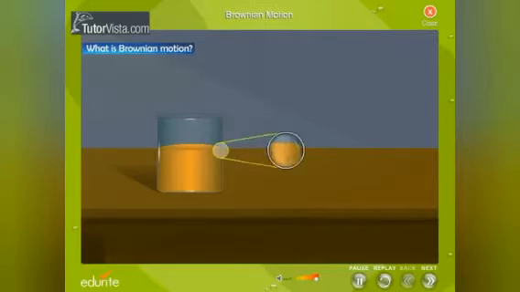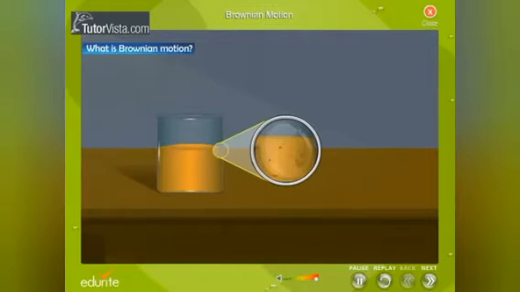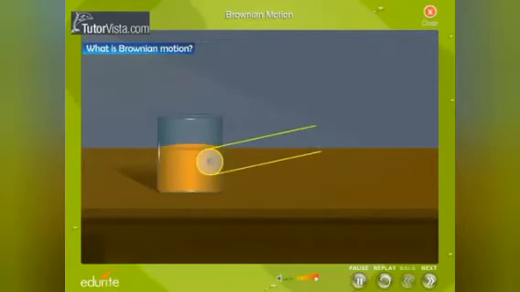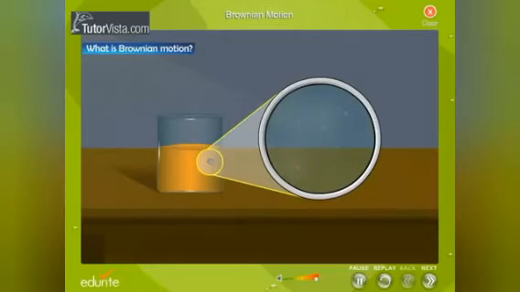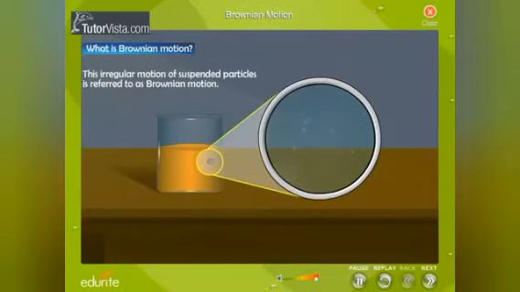A similar haphazard motion can also be observed when small colloidal particles suspended in a liquid are examined under a powerful microscope. The zigzag motion is due to unequal bombardment between the suspended particles and the molecules of the surrounding medium. This irregular motion of suspended particles is referred to as Brownian motion.